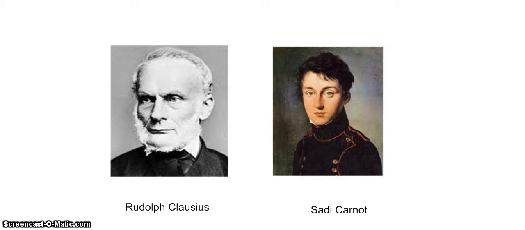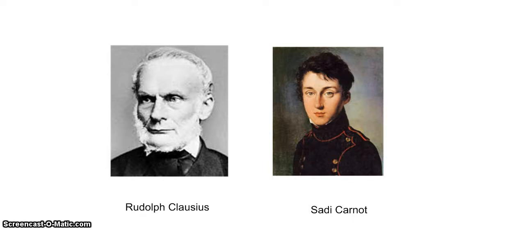Now, there seems to be some interest in why Clausius called entropy S. The best guess people can come up with is that it's named after Sadi Carnot. Carnot was a very young man. He went to a Paris school called the Polytechnic School.